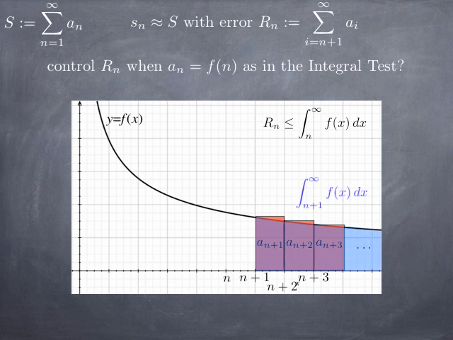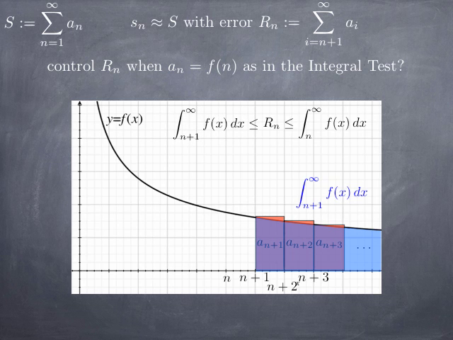But now we have our estimate from below, because now the sum of the areas of the rectangles is greater than the area under the graph of the function over the interval starting at n plus 1 instead of n, and going all the way to infinity, which is given by the integral from n plus 1 to infinity of the function f, which is of course a convergent integral because of the assumptions we have made.